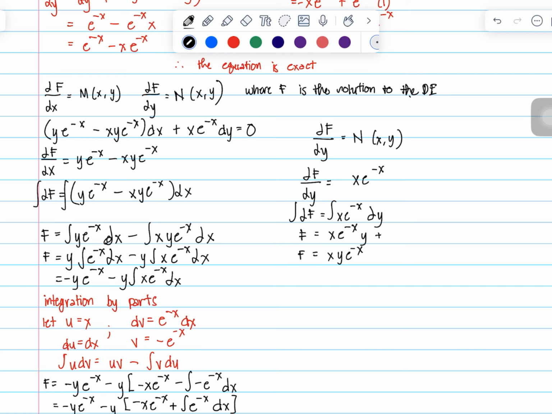Now we forgot the r of x. Now how do we get r of x?